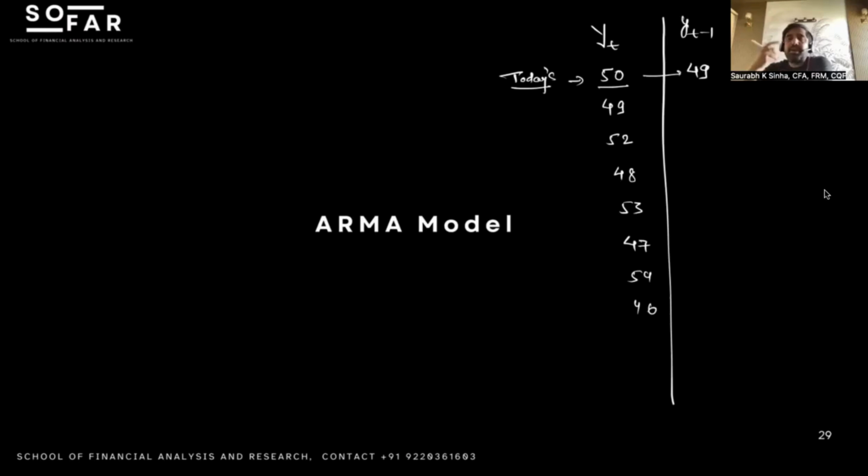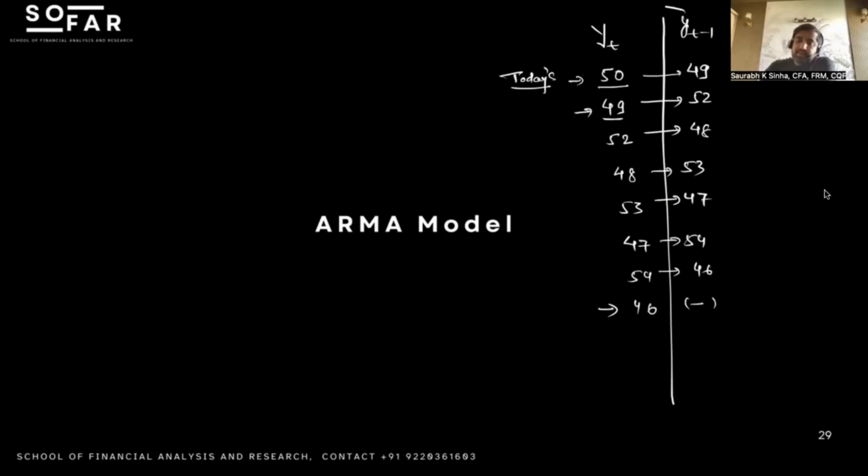If I'm talking about t today, then the previous day value would be 49. What will I write in front of 49? It was yesterday, I'll write 52. What will I write in front of 52? 48, 53, 47, 54, and say this is 46. Here it will be blank because I don't have any Yt minus 1 corresponding to it. Maybe this is the point where the time series has started.